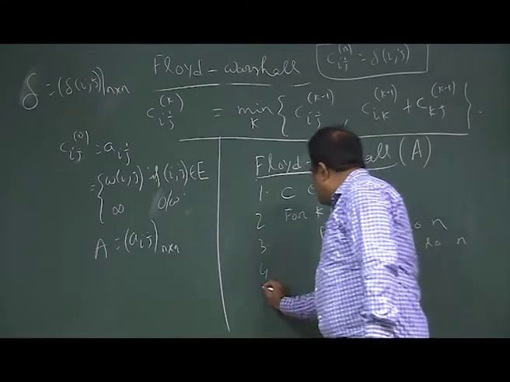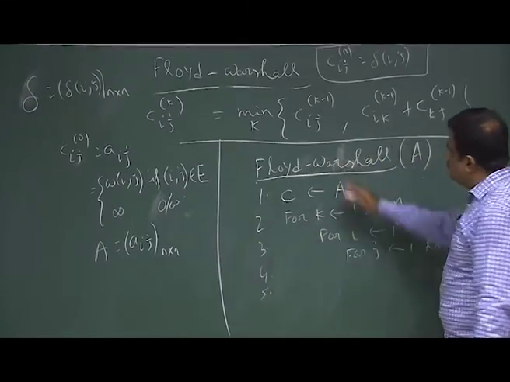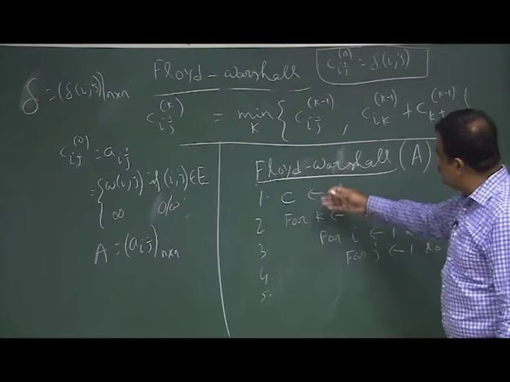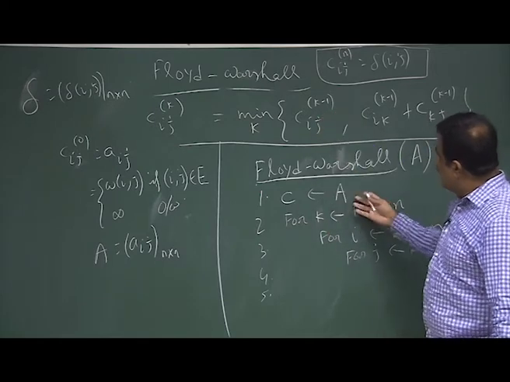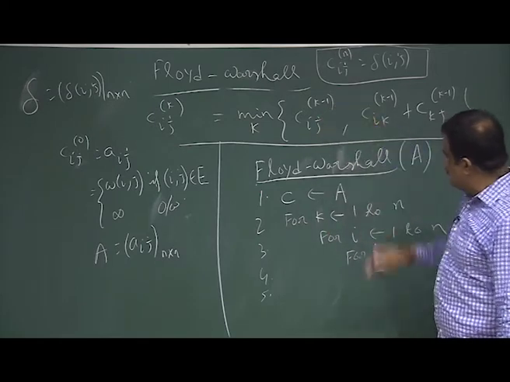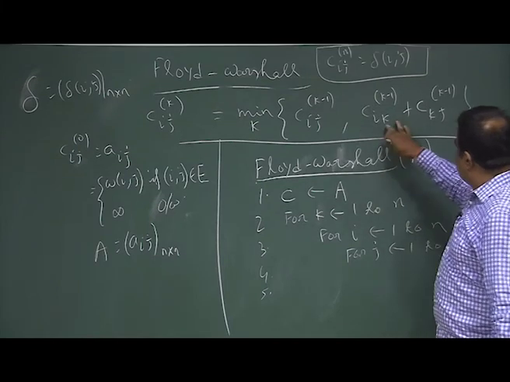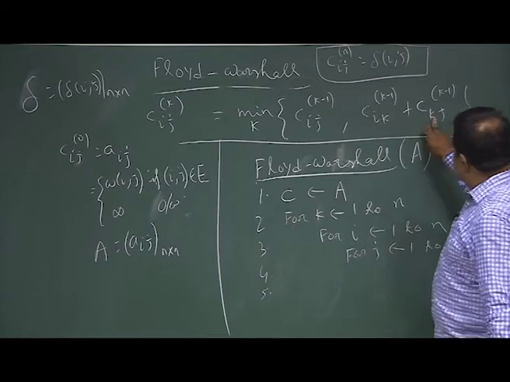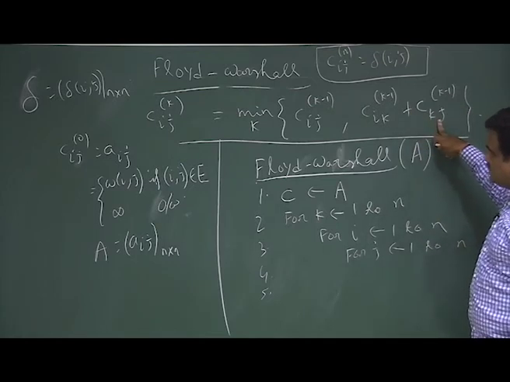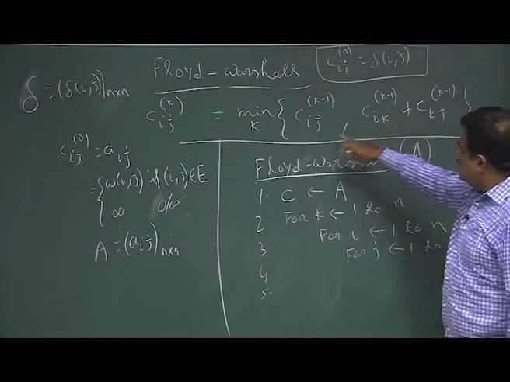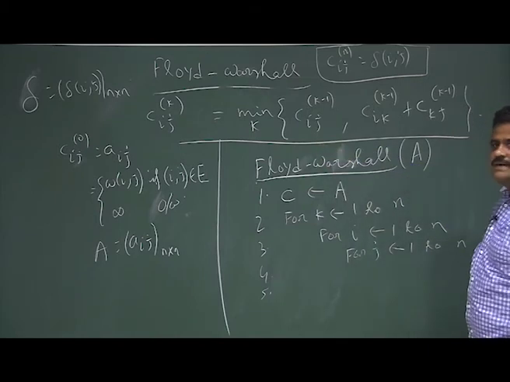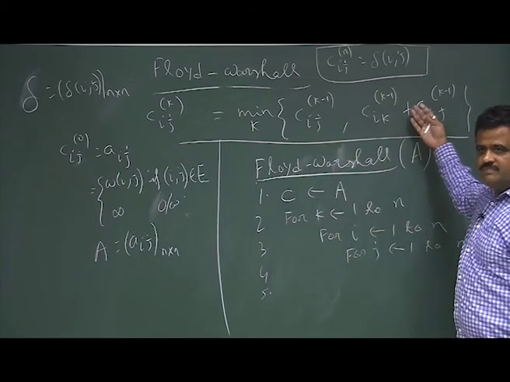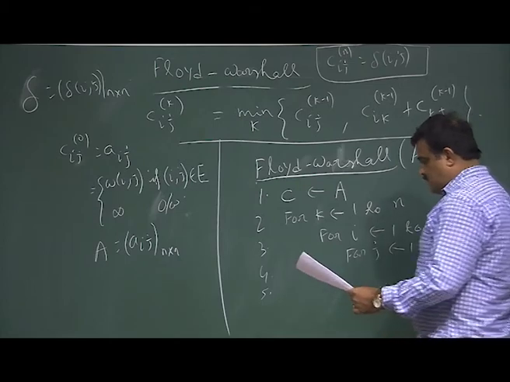What are we doing? We are testing the value of Cij that we already have. It is initialized by Cij 0, then we are looking for Cij 1. Now if Cik plus Ckj is less than Cij 0, then we must have this in our Cij 1. So, that is the formula.